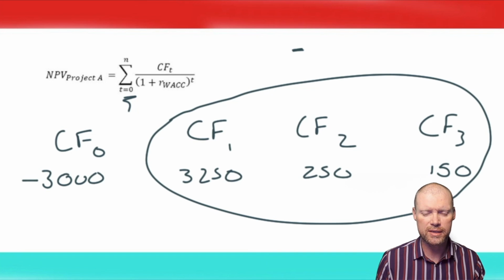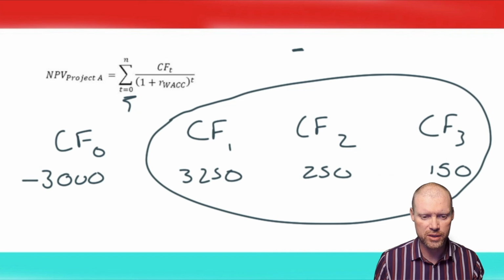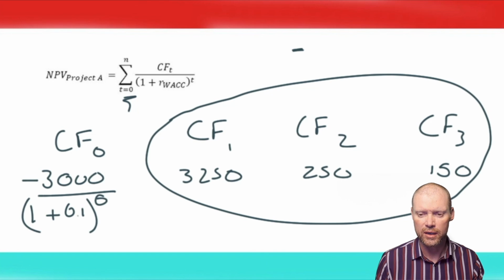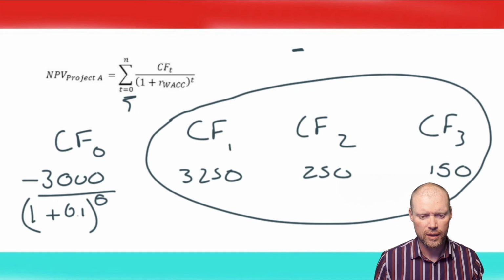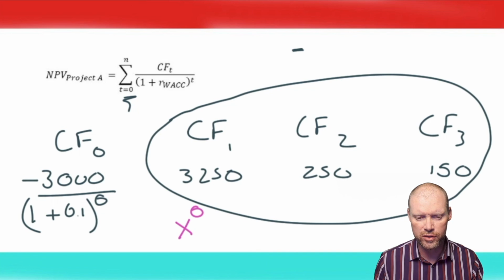But when we look at this cash flow at initial time t0, when we discount this, 1 plus 0.1 to the power 0, it's important to note, and let me use a different color here, that any value, when we raise any value x to the power 0, this becomes the value 1.